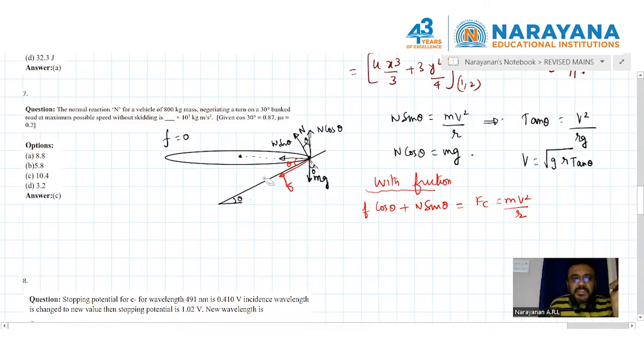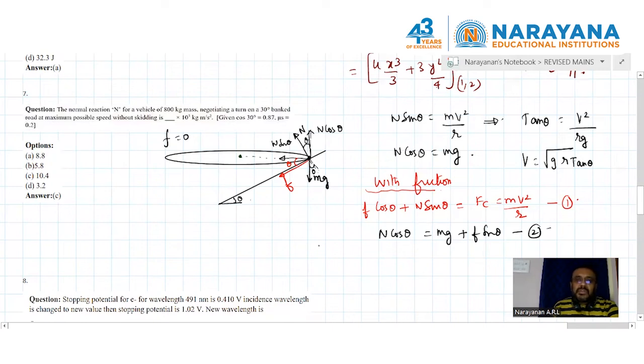Let this be equation 1. Then what is going to balance the weight? N cos theta is nothing but mg plus f sin theta, equation 2.